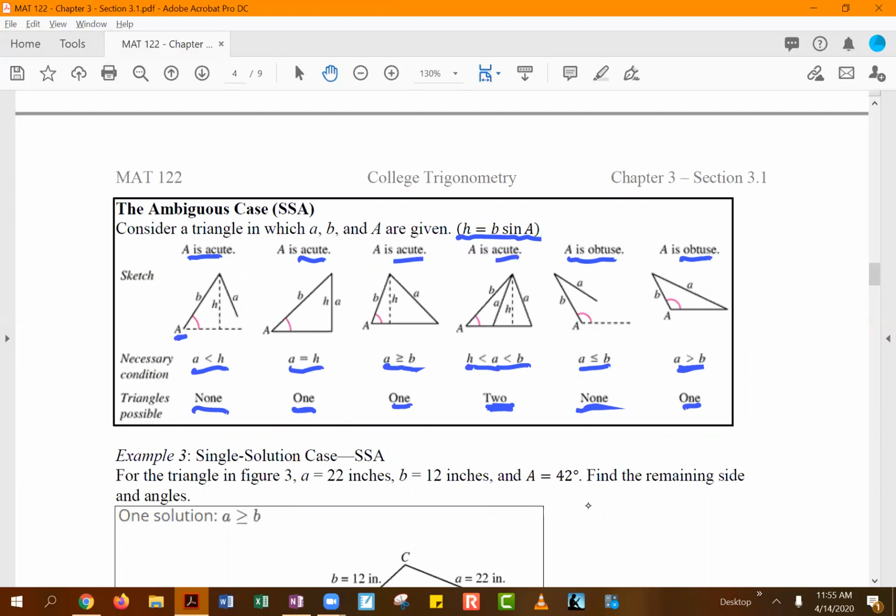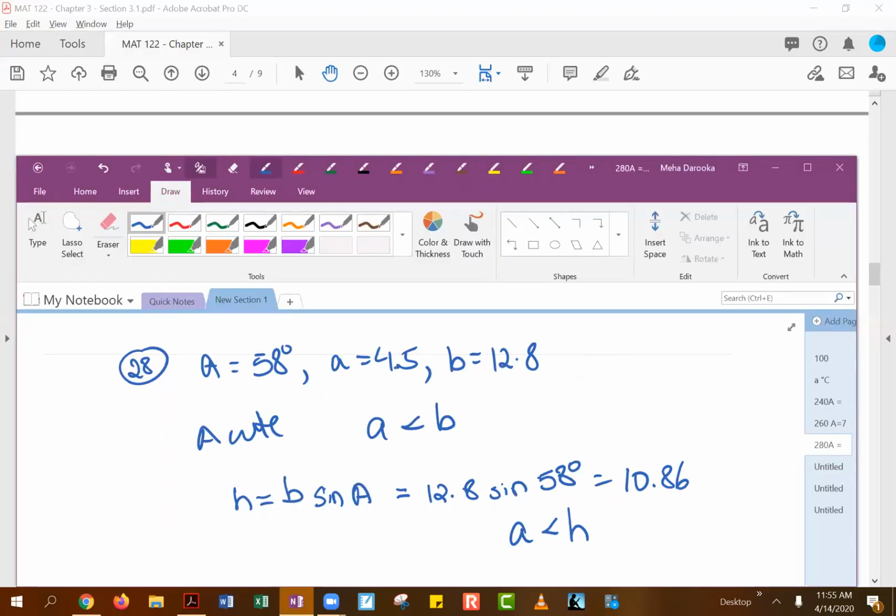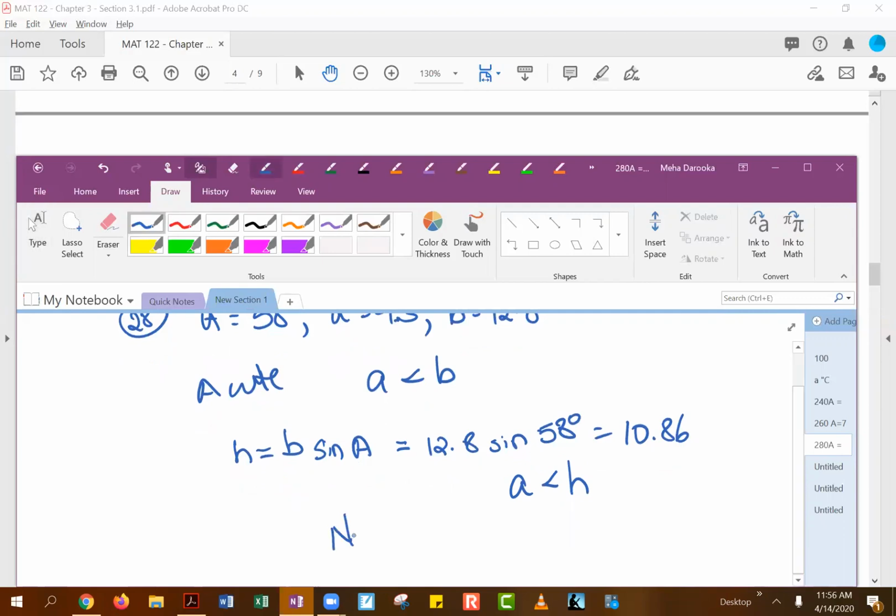Because as you can see, side A does not reach all the way to the bottom, it's not going to meet the vertex. That length is going to fall short. So we will have no triangle, which will satisfy this condition. So basically you have a triangle that gets halfway or somewhere in there and you're not coming all the way down.